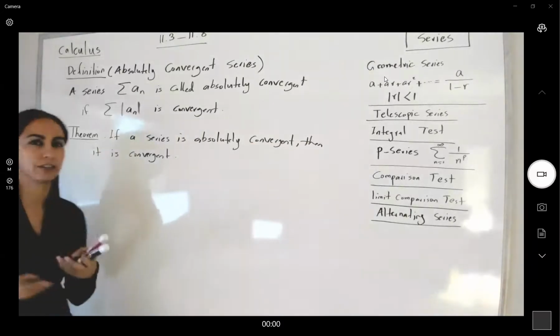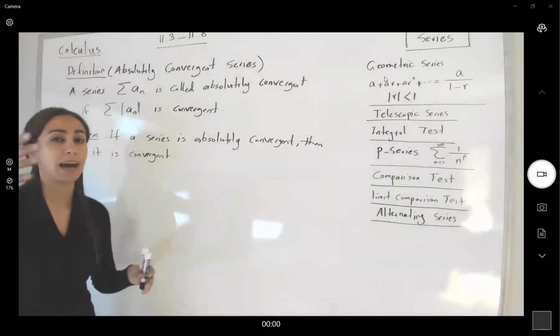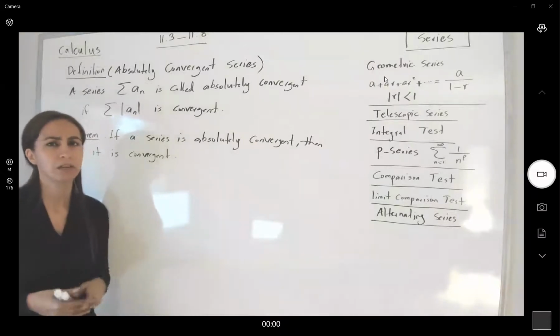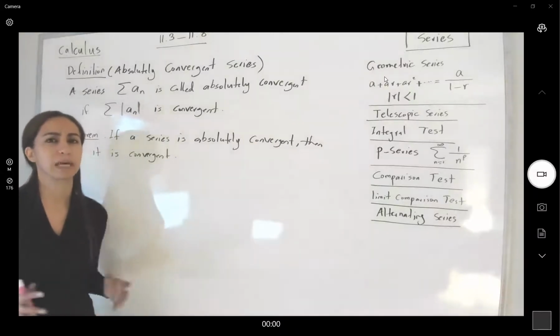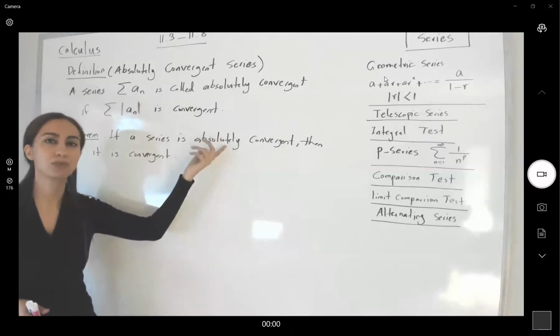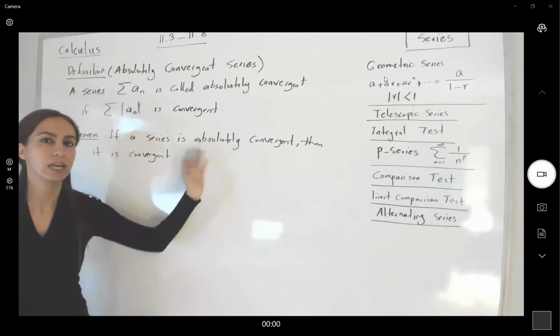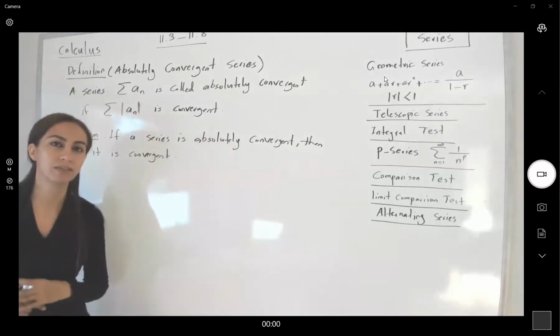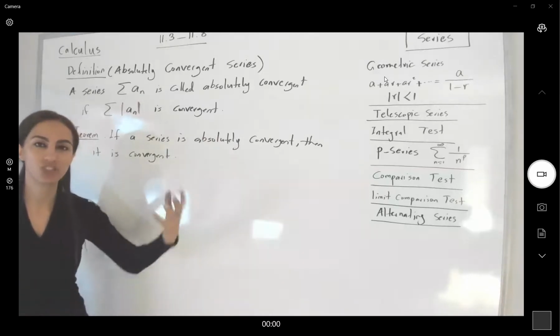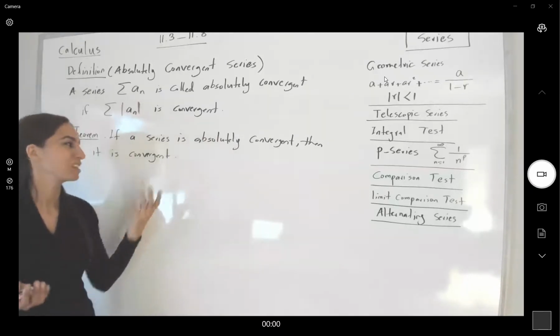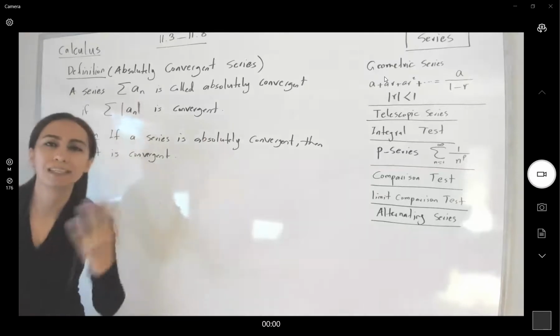So when you're dealing with a series that has negative signs, you don't have to work with them. You can work with the absolute value of the terms. It means you can get rid of the negative terms and only check the series with positive terms.